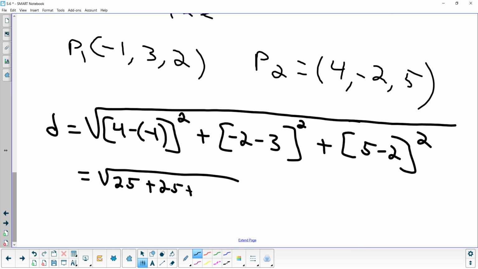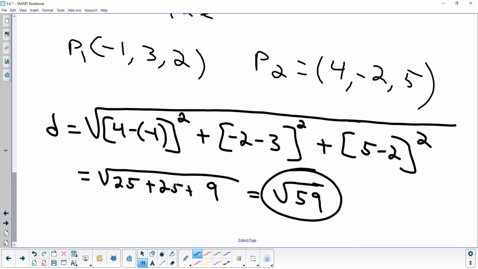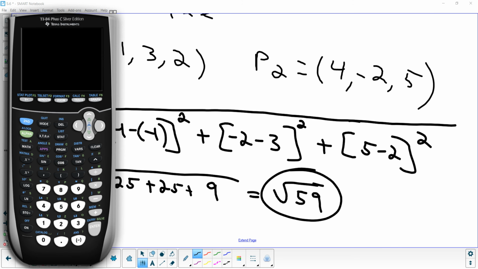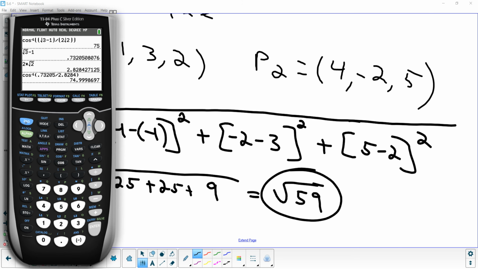And Jacob, 5 minus 2? 3. 3 squared? 9. So Autumn, the distance between these 2 points is how much? Square root of 59. If they don't ask for a decimal, you can leave the answer just like that. If they want a decimal, just take your calculator, type in square root of 59, and you get about 7.68.